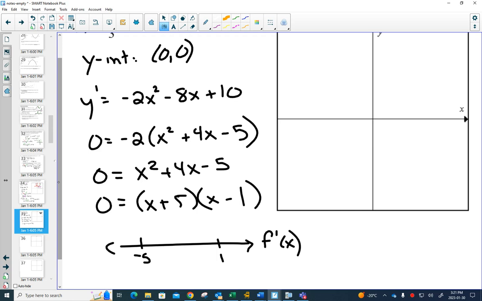When I plug things into this, I notice that when I plug in something less than minus 5, negative 6, this factor would be negative, as would this factor, and negative times a negative would be positive. My graph is increasing. Then plugging in 0. 0 is really nice because you might actually want to use the original equation.